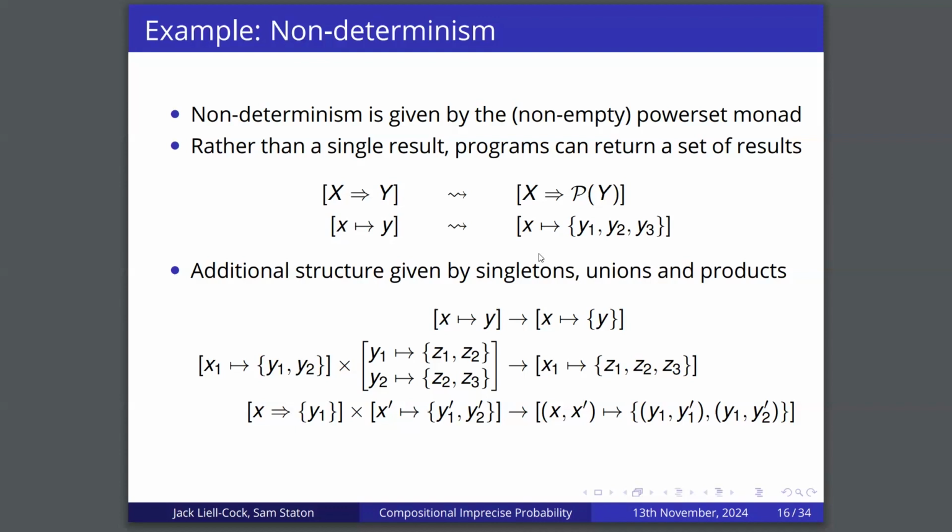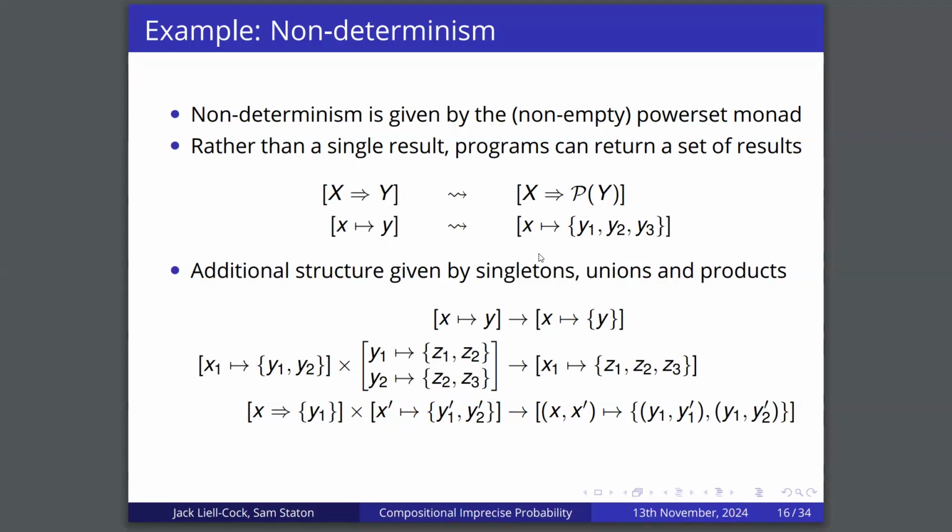Now we also need to interpret this additional structure. These pure programs, x to y, we can still interpret as pure programs. All we do is say, if you give me an x and I give you a y, instead of giving you multiple y's, I can just give you that y, but as a singleton set. So even though it is in this computational context of being a subset of y, it's basically the do-nothing computational context.